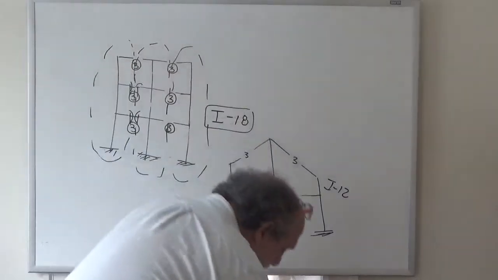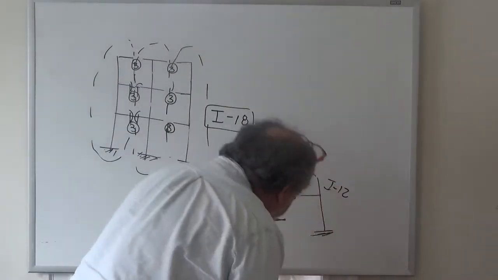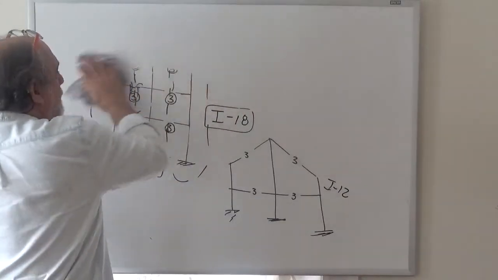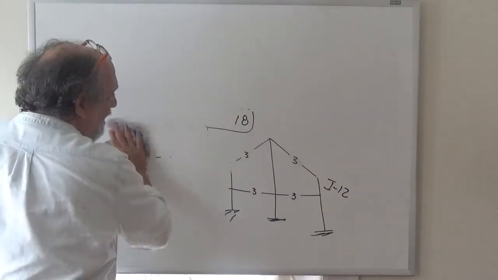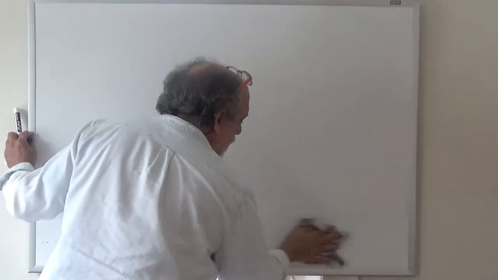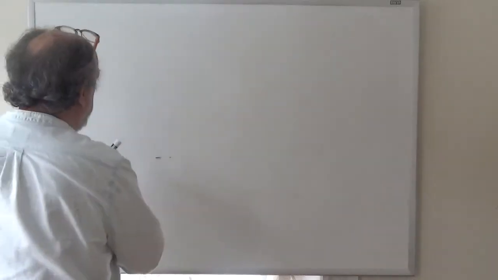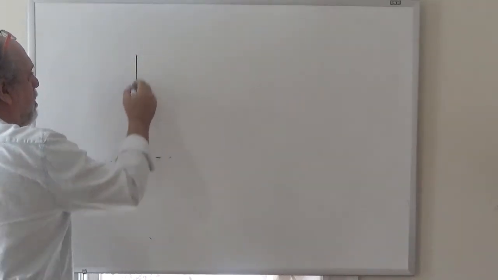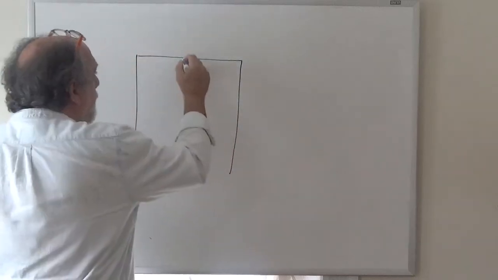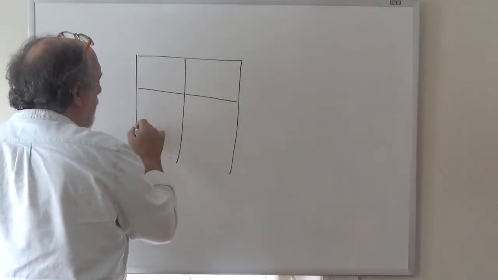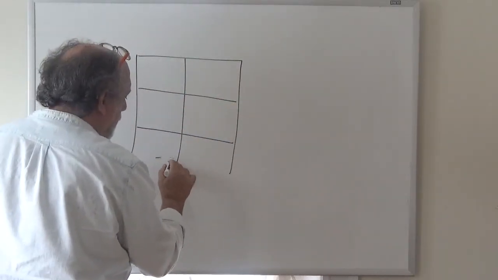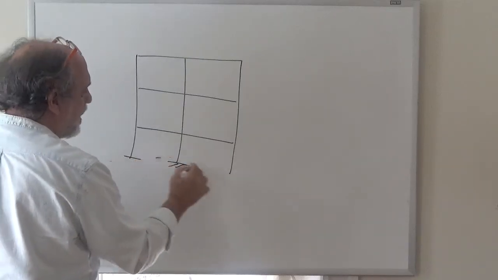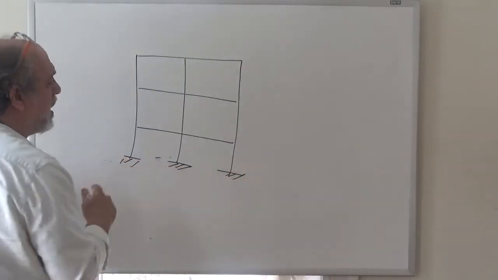Okay. Now, there are some instances where the frame, let's say this frame, so let's start with the frame like this. How indeterminate is it?